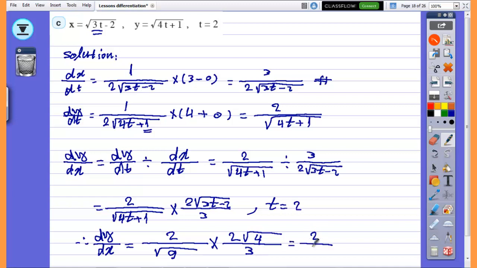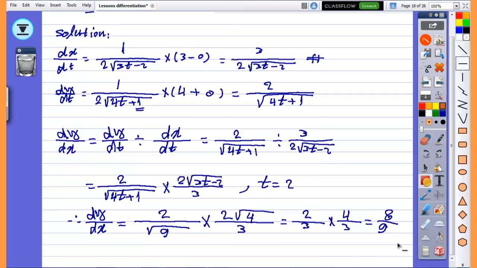This equals 2 over 3 multiplied by root 4, which is 2, so 2 multiplied by 2 equals 4 over 3, and the result equals 8 over 9.